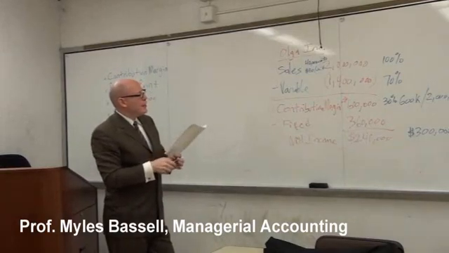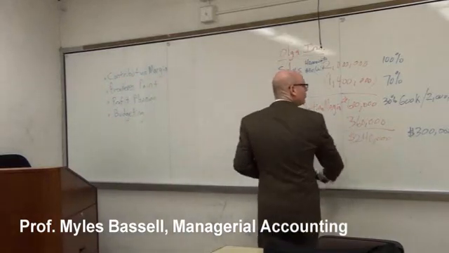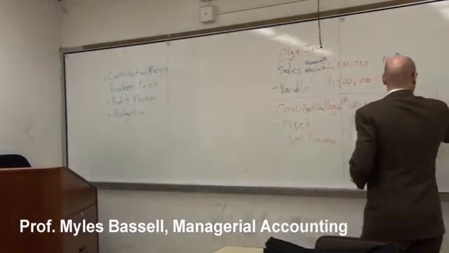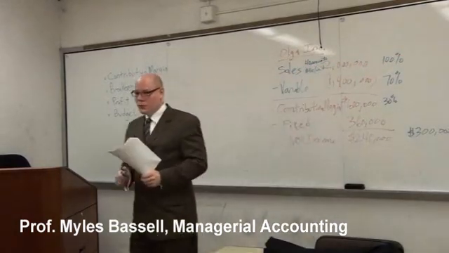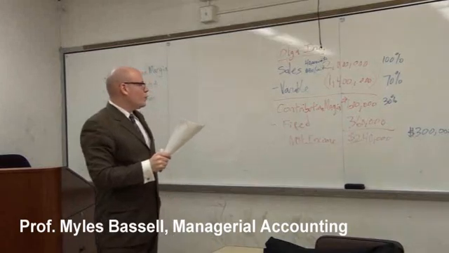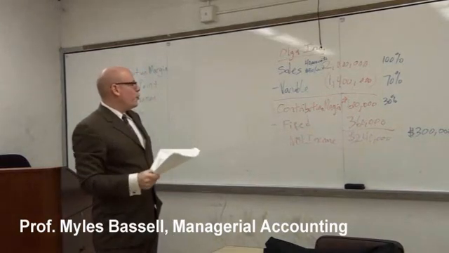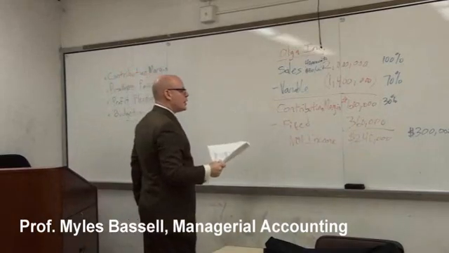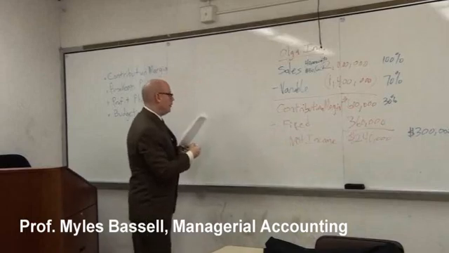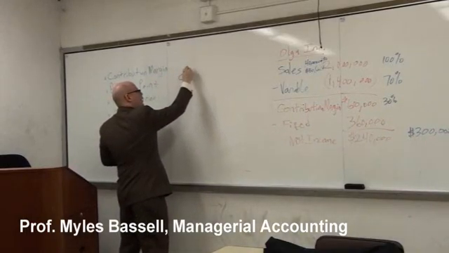So the first thing we have to do is calculate the contribution margin per unit. The ratio is going to stay the same. What we're going to figure out is per unit. So what is the contribution margin per unit? 15. Damon, you said 15?